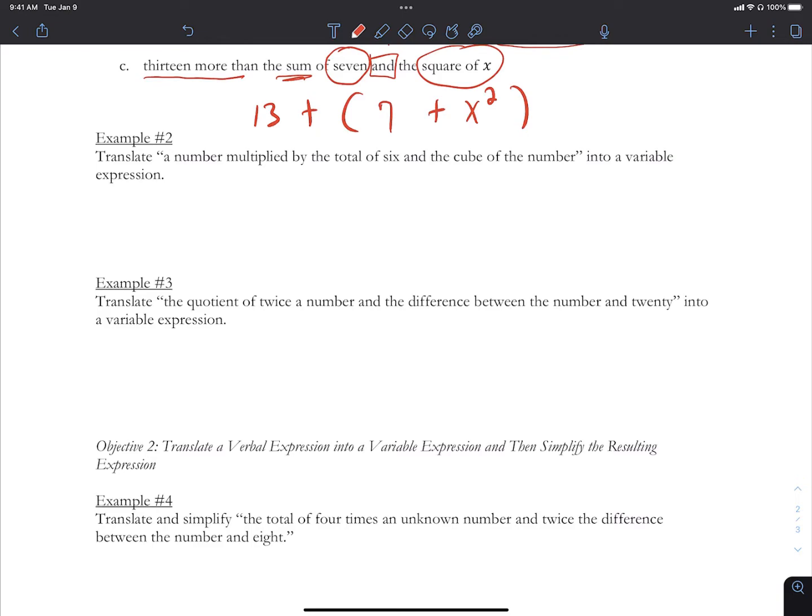Instead of being told what the number is, we're just told a number and the number. So these look a little different. You could use any variable you wanted for a number. I know the textbook likes to use an n for a number. I generally like to use just the generic x to mean a number.